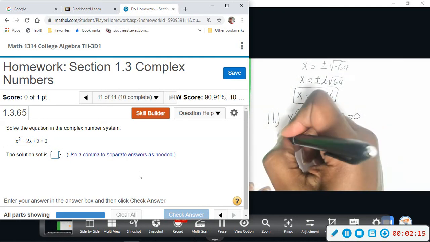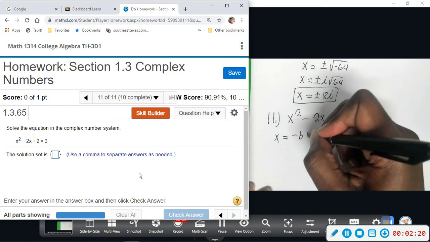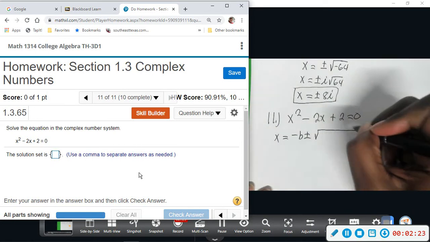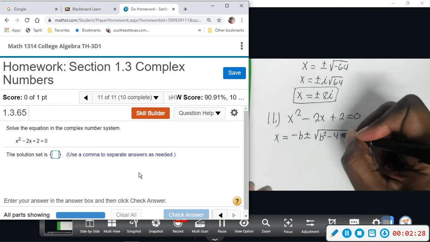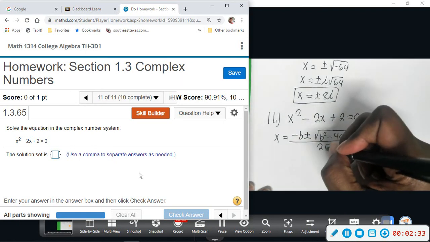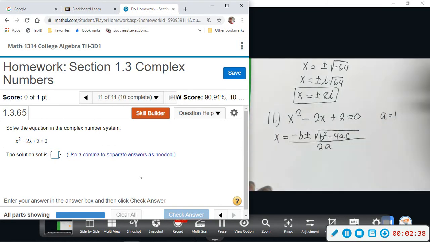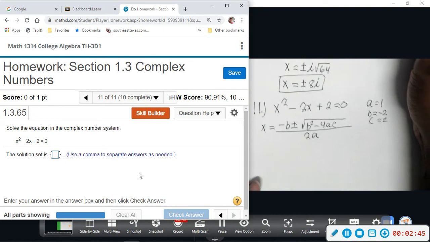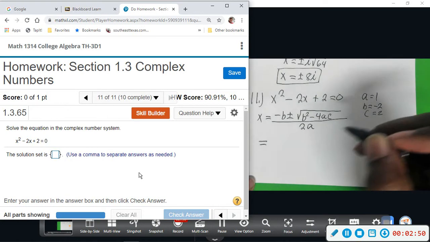The quadratic formula: x equals negative b plus or minus the square root of b squared minus 4ac, all over 2a. Here a is 1, b is negative 2, and c is positive 2. I'm going to plug in and simplify everything in as short a form as possible.